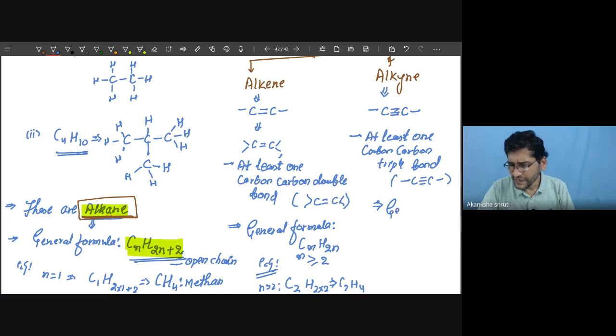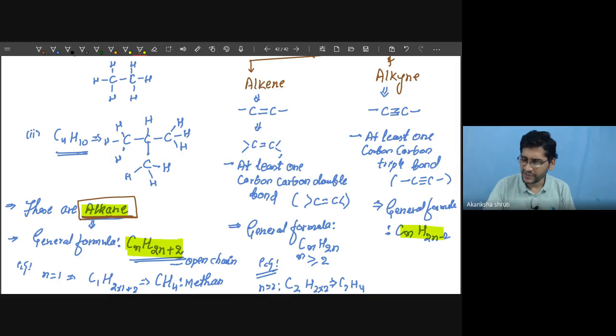So the general formula turns into: you have to remove the 4 hydrogen from 2n plus 2, minus 4. So it becomes CnH2n minus 2.